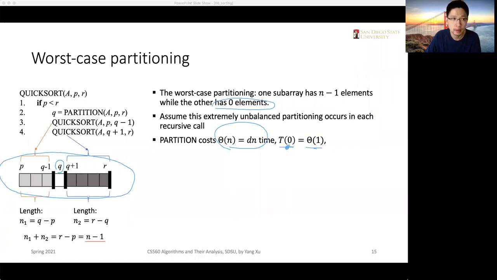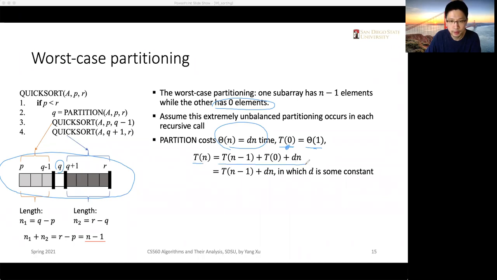This is something we know for sure. So we can represent the solution to quicksort by this recurrence, because we assume that each partition will result in the most extreme split.